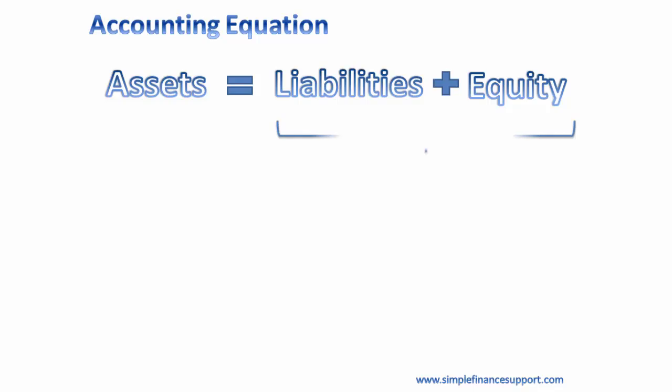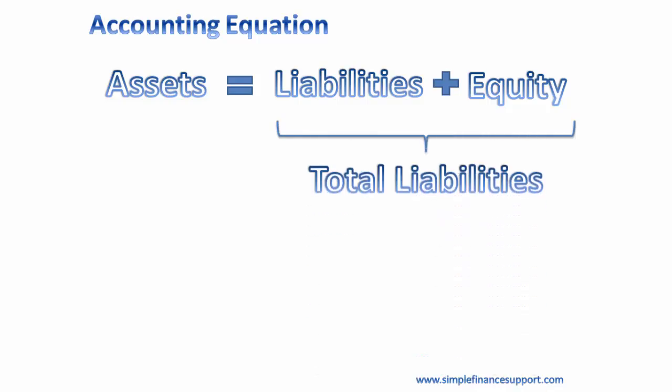When we say liabilities, the total liabilities constitute owner's liability and outsider's liabilities. Owner's liability is equity, meaning the entity has to give this equity back to the owner.